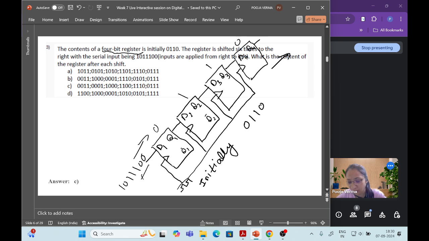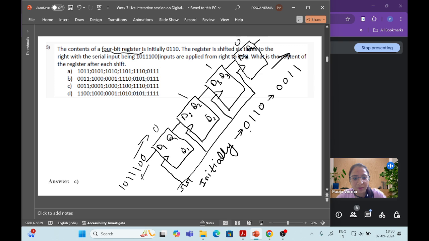Now we will apply a clock pulse, then it will shift to the next bit. When 0 goes in, what will be the content? The content will move to this side. So it is 0 0 1 1, right?